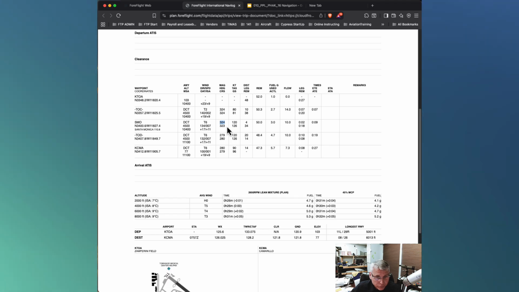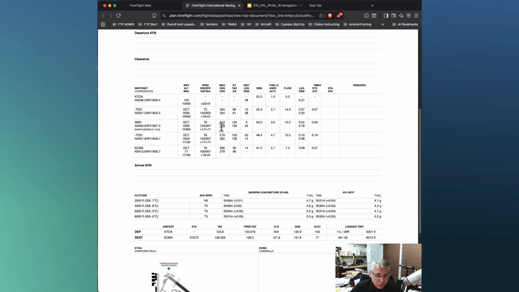When we talk about variation, there's a differential between true north and magnetic north, and those differences are different across the globe. So depending on your location on the globe, your variation is going to change. We'll take a quick second to look at that.